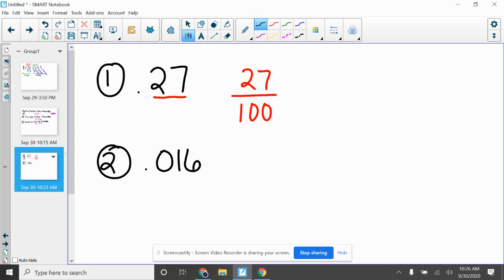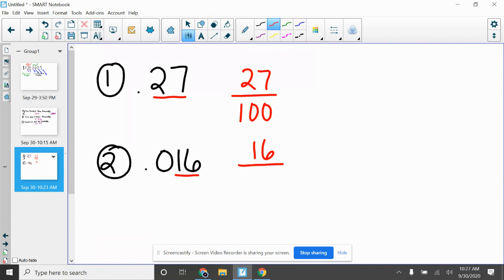Look over here. Can you see this, or is it too far away? Okay. If I wrote .016, what number do you see? 16. Just because there's a 0 in front of it, it doesn't change it. It's still 16. So 16 becomes the numerator of my fraction.